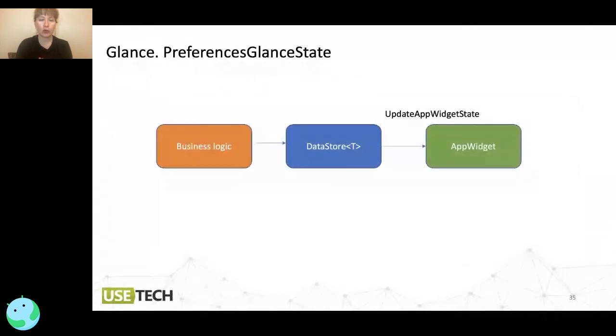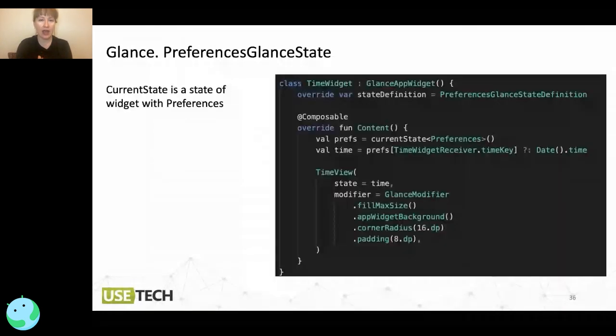So at this moment, the schema of our application will look just like this. We have some business logic. In this business logic, we use our data store, and then, with the magic updateAppWidgetState method, we put this data store in our app widget. And the widget, based on GlanceAppWidget, when we specify the special state definition, PreferencesGlanceStateDefinition, has a special property, currentState.